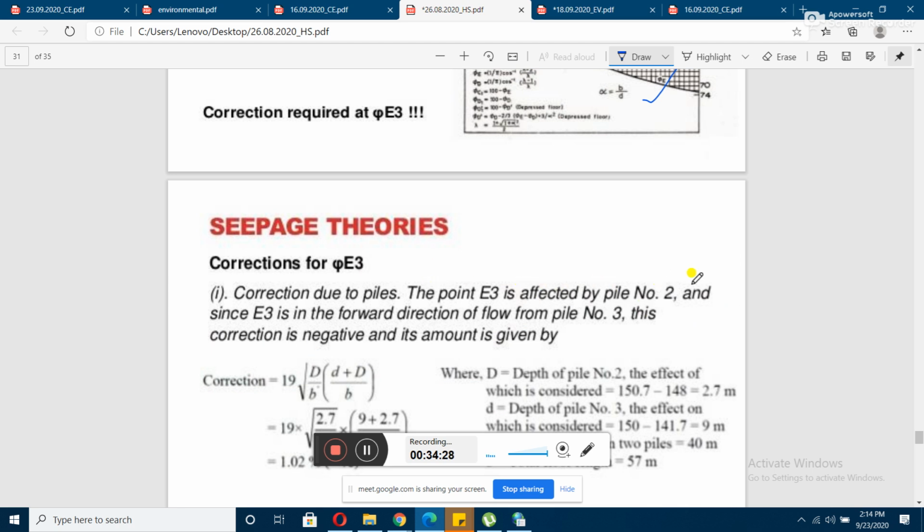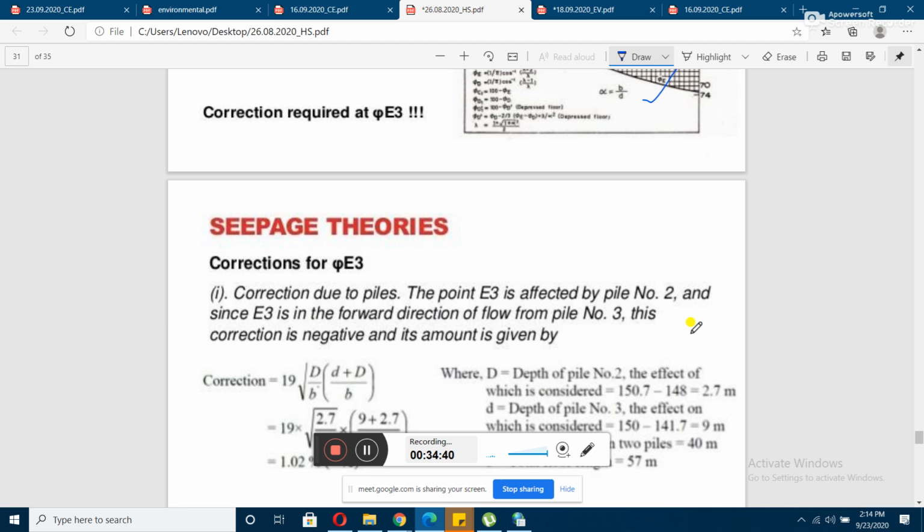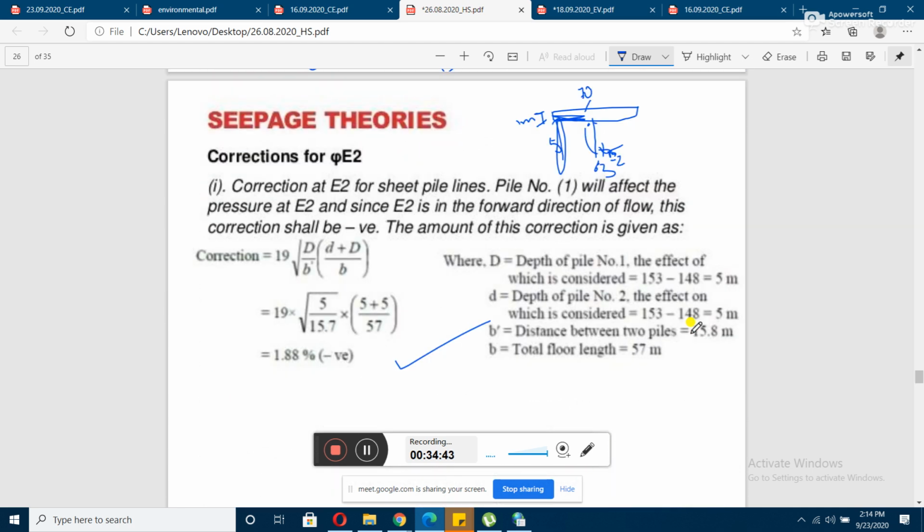You can see pile number 2 is acting as the influential pile. So for that purpose, as I have told you, look at the depth of pile number 2: 150.7 minus 148.